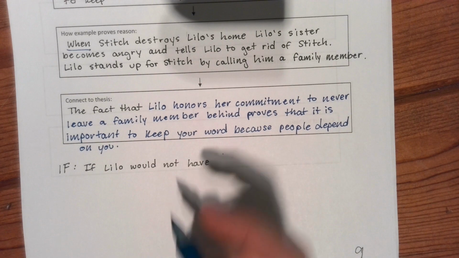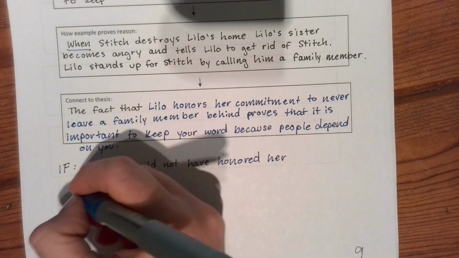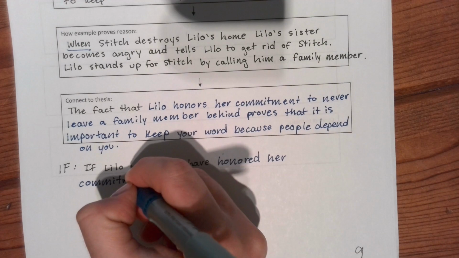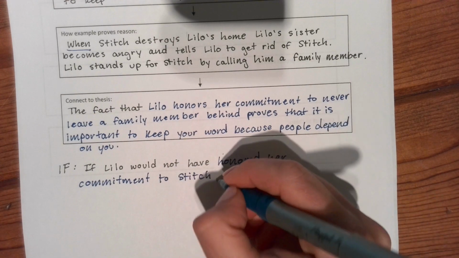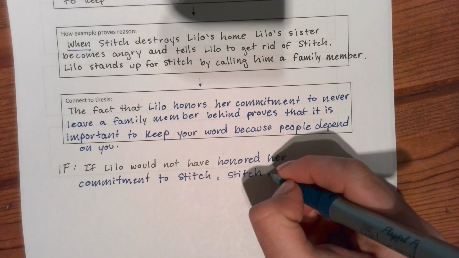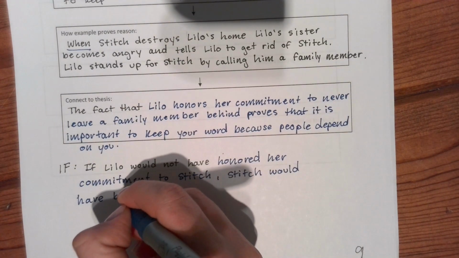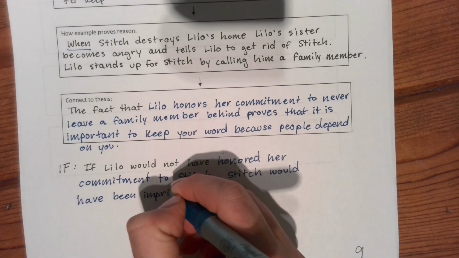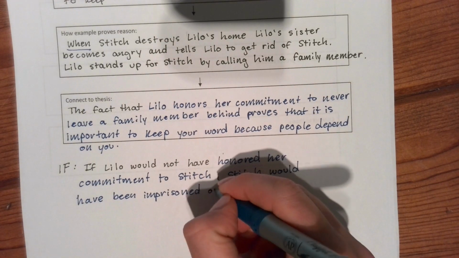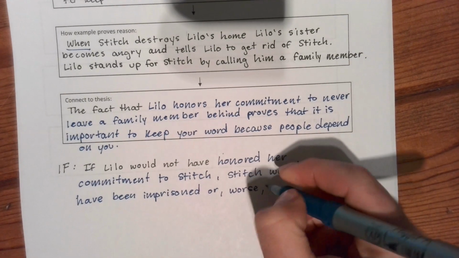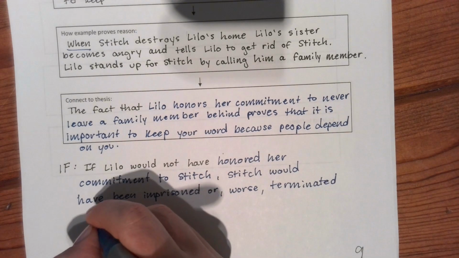So we can say if Lilo would not have honored her commitment to Stitch, Stitch would have been imprisoned or worse, terminated by his home planet.